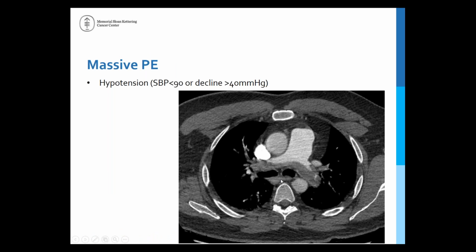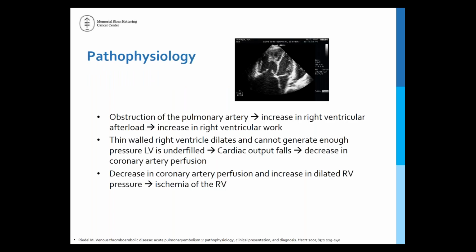So again, massive PE, it is the patient that arrives hypotensive. And so yes, the CT scan will show that there is a large pulmonary embolus. This is showing a large saddle pulmonary embolus on the CT of one of my patients. But more importantly, the patient is hypotensive.